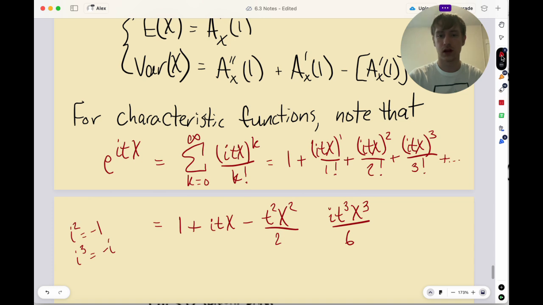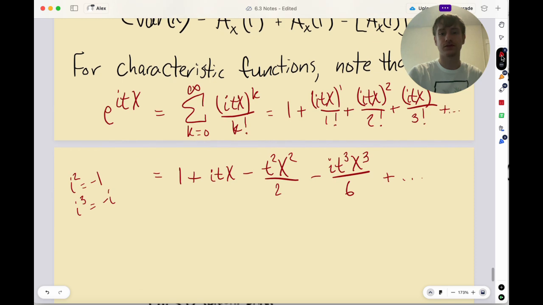Okay, and so on and so forth. i to the fourth is 1, so the next term is going to be positive, but nonetheless, you can expand it like this, and what we're going to do to find the characteristic function is just take the expected value of both sides.